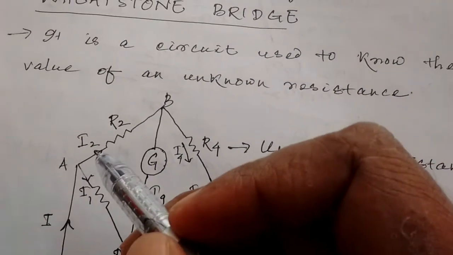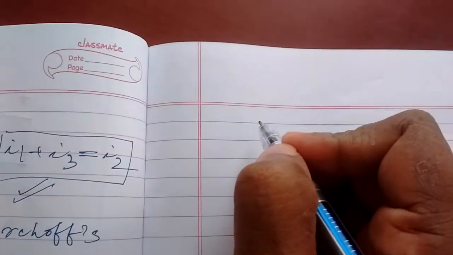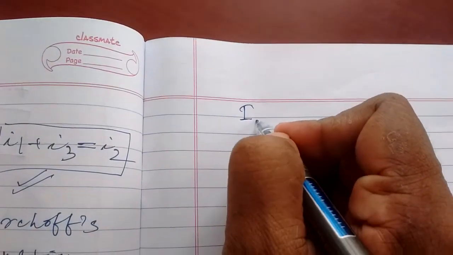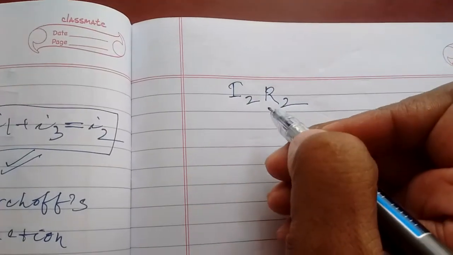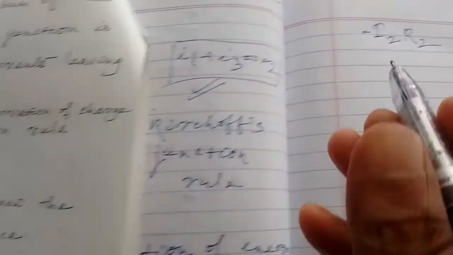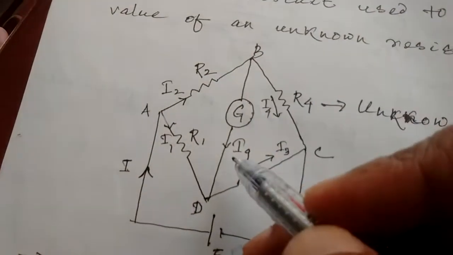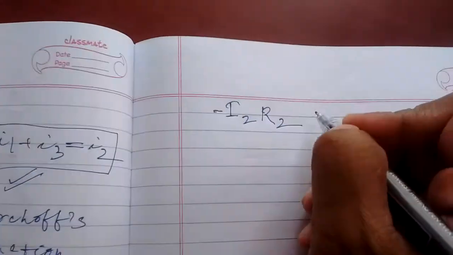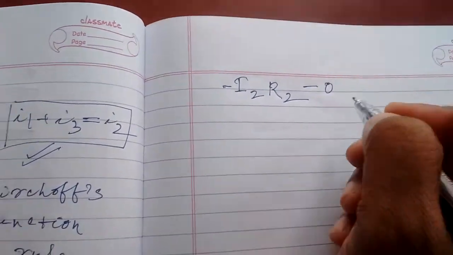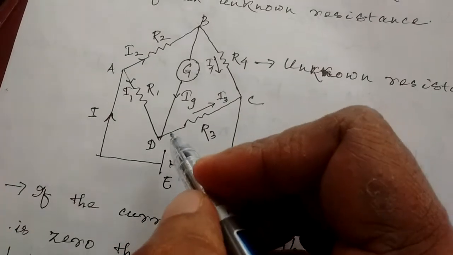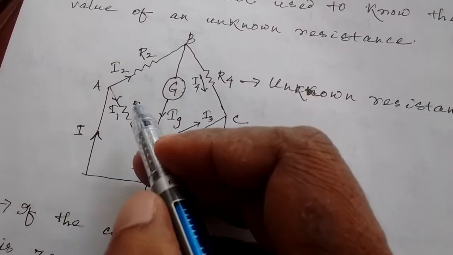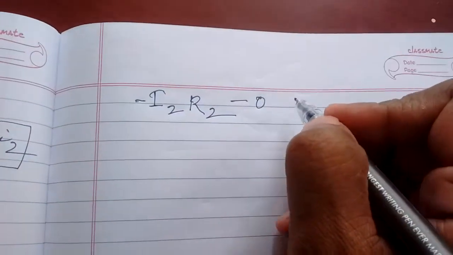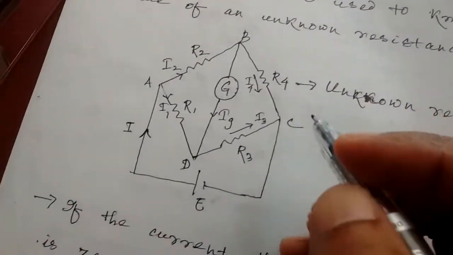Let me write it. First it is I2 R2. It is a drop, that's why I will put a minus sign. Now the galvanometer drops 0 voltage since Ig is 0, so minus 0. Then the current going from here, if you assume it to be a drop, then you have to put a minus sign.